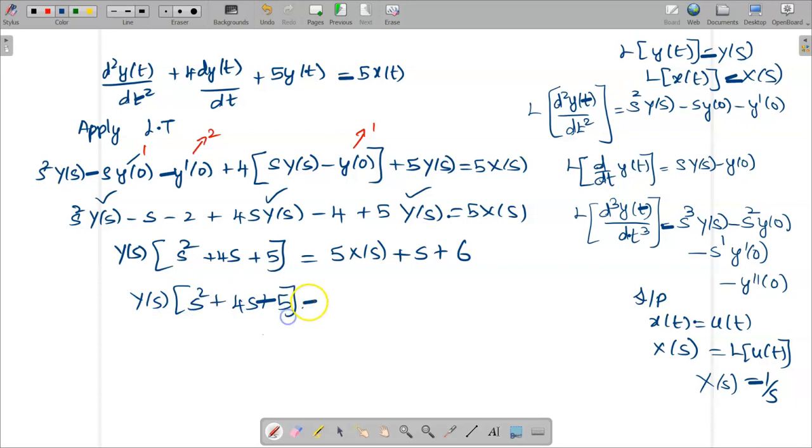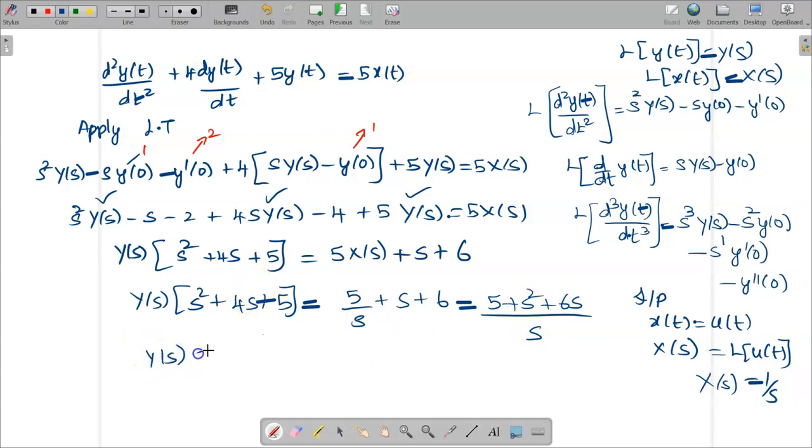First simplify your right hand side, which is 5 by s plus 6. Okay. So now the LCM of the right hand side term is s. Okay. So 5 you can keep as it is and multiply. s into s is s square, s into 6 is 6s. Okay. So once you have done this, take your left hand side term to the right hand side.